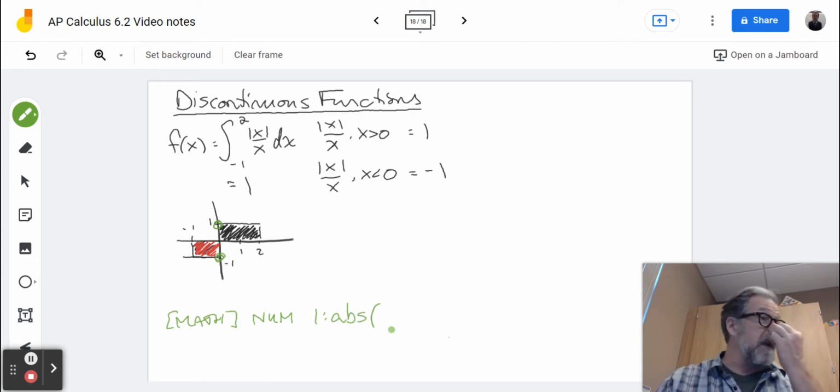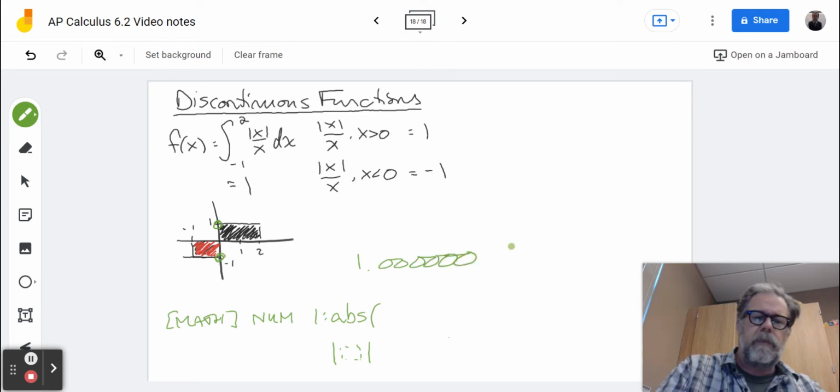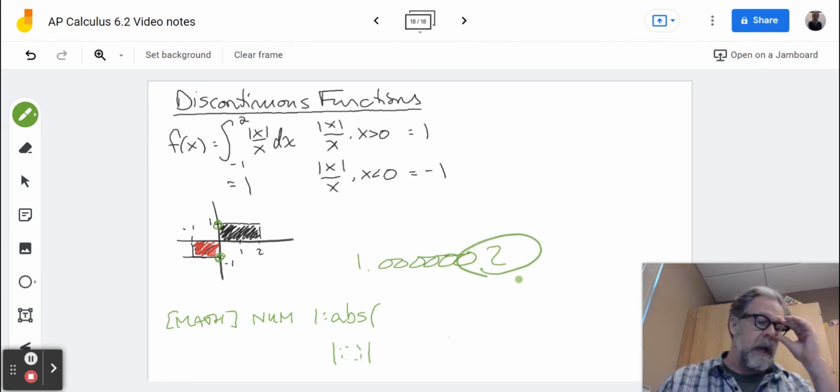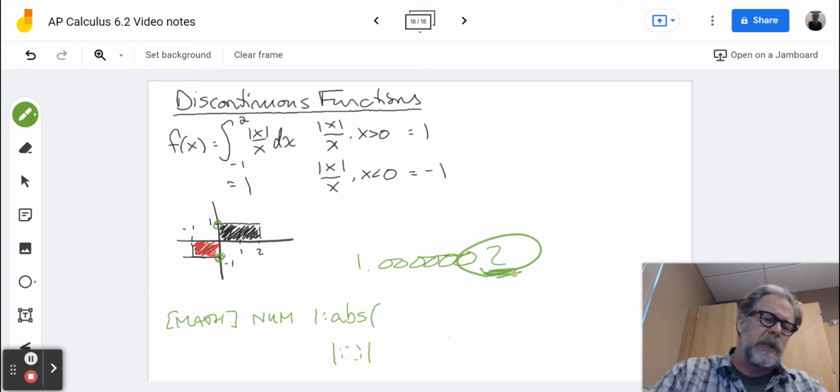And that will pop up as either ABS parentheses or as absolute value with a little rectangle for you to type stuff in. You also may notice that when you plug this into your calculator, you get 1 point something, and that's because it's approximating. It's actually doing the Riemann program to do these approximations, and it's not necessarily going to be exact because of the way it splits these up.